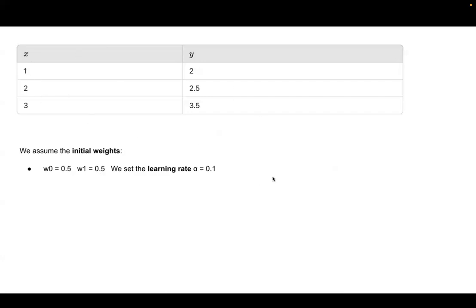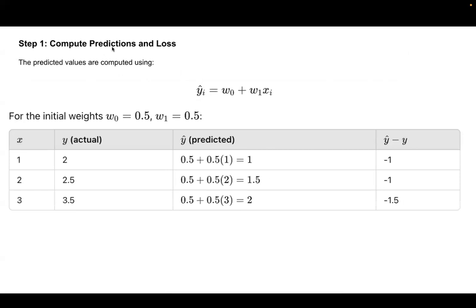Okay. Now, step 1: compute the prediction and the loss. For the prediction, the model uses this formula: y hat, which means the predicted value, is equal to the bias plus the weight times x_i. x_i means whichever position the x is.